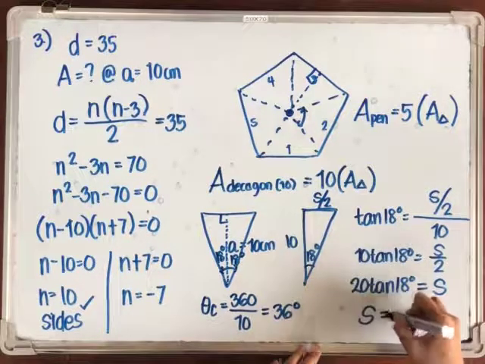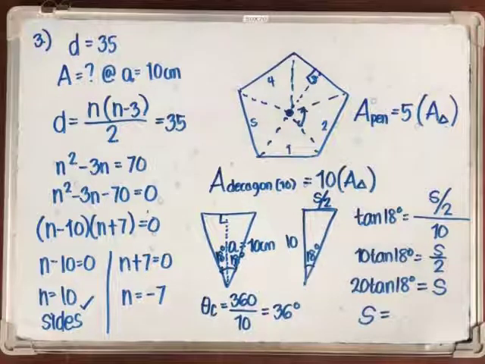So let us find now what is the measurement of one side of this one. This would be 20 tangent of 18.